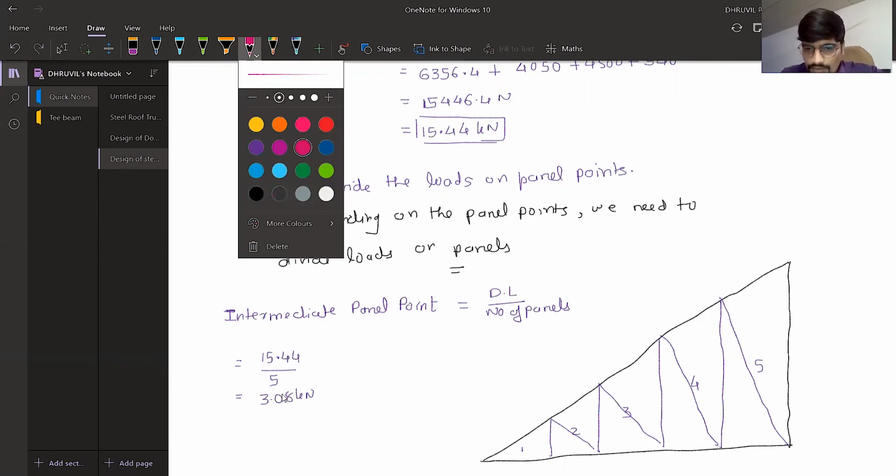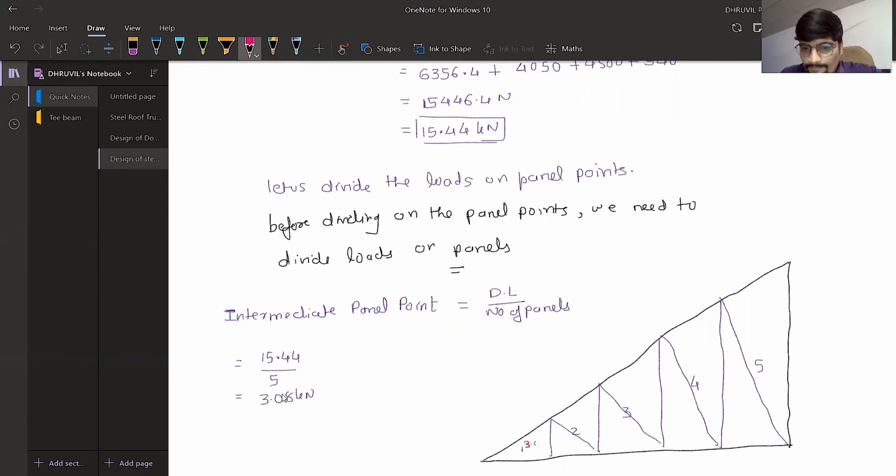So here also it is 3.08, here also 3.08, here also 3.08, here also 3.08 and here also 3.08. Now we need to find the load on the panel points.